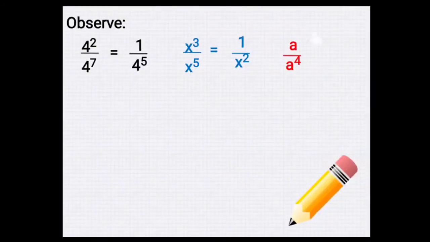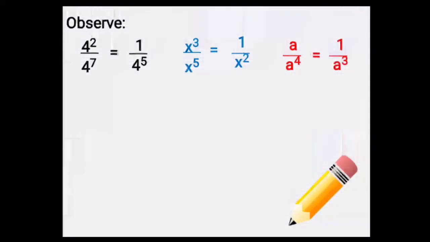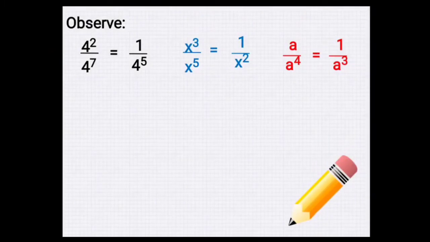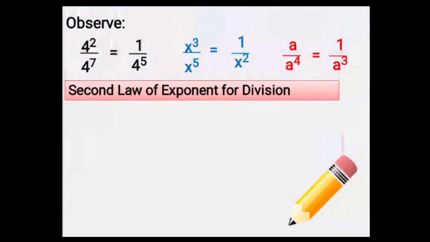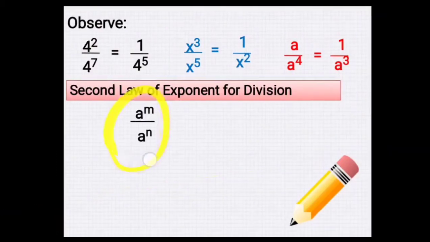A divided by a to the 4th power is equal to 1 over a cubed. Now, what have you noticed? In that case, we use the second law of exponent for division, which states that, knowing that the expression has the same base, you are going to subtract the exponents.